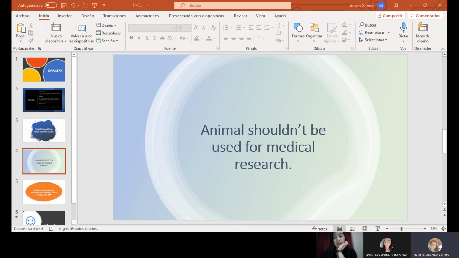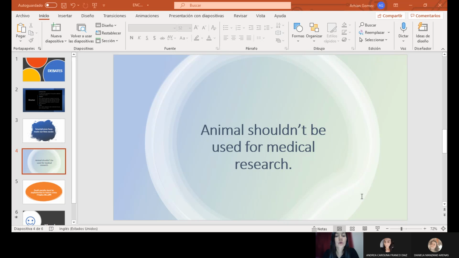Very good. I want to give my opinion about this topic. I believe that this statement is true. I agree with it, because animals shouldn't be used for the benefit of human beings. We ourselves create diseases and kill the animals.